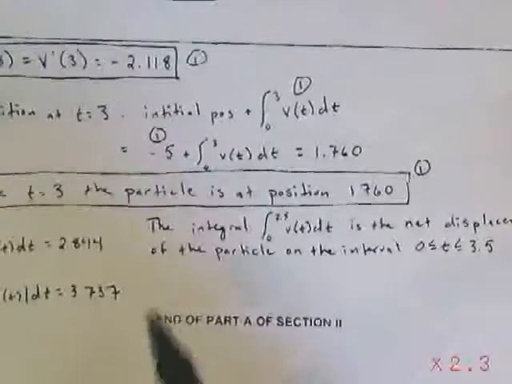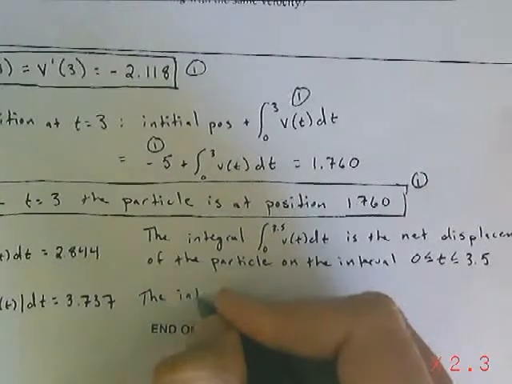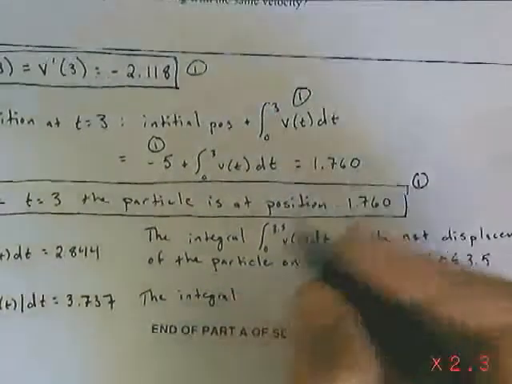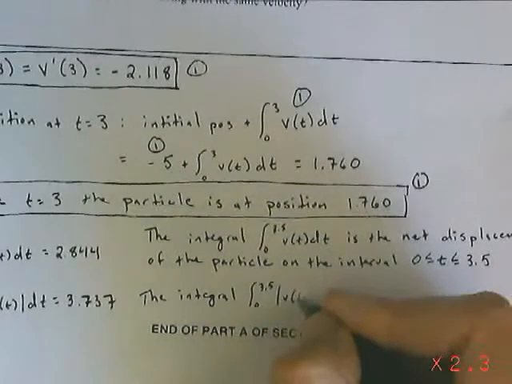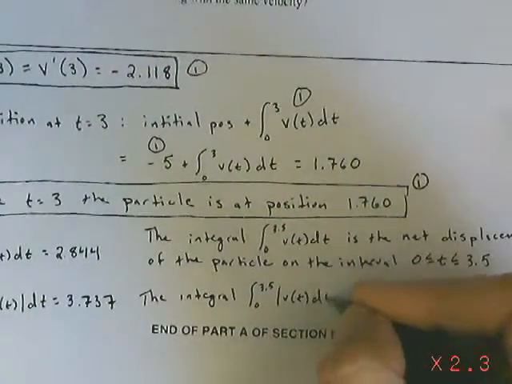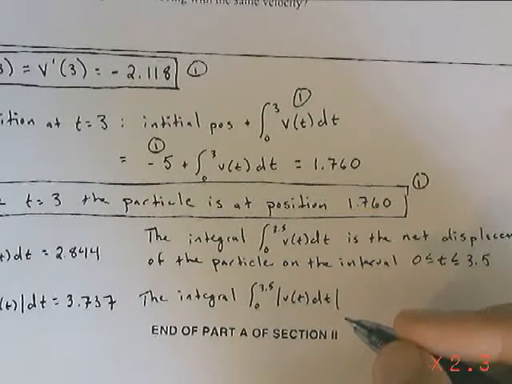Okay, the second integral gives us something different. So with the absolute value thrown around, now every single velocity is positive. Every single velocity is positive.